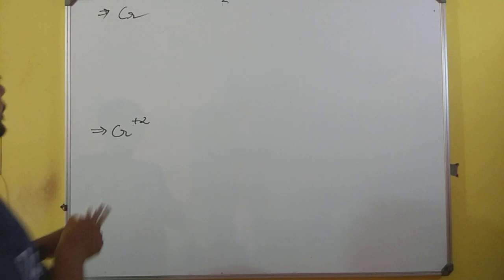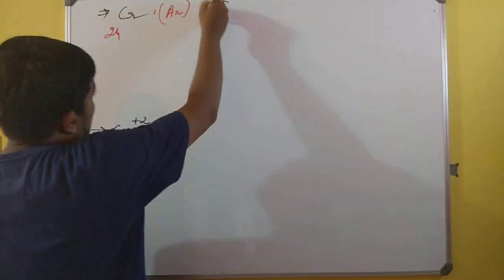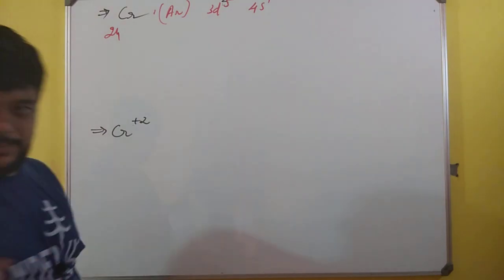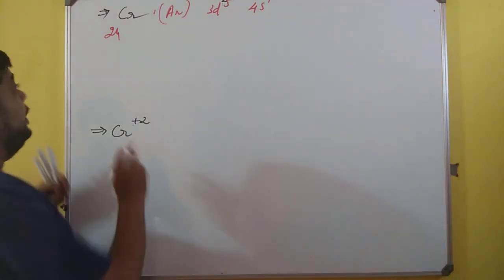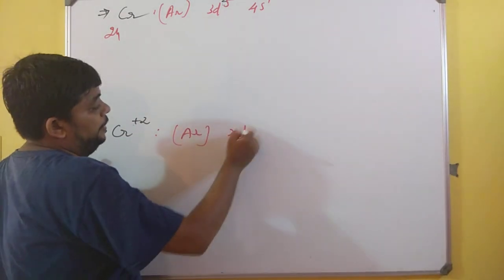When I say chromium, it is an exceptional electronic configuration, so it has to be argon 3d5 4s1, and when I make chromium 2 plus, it will be argon 3d4.